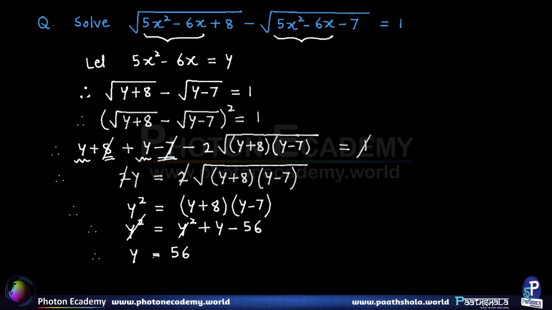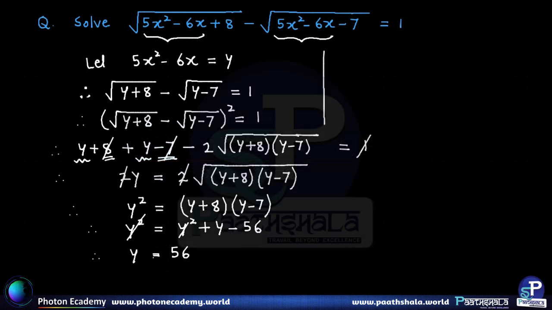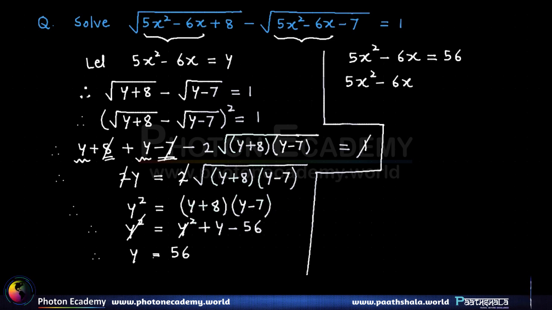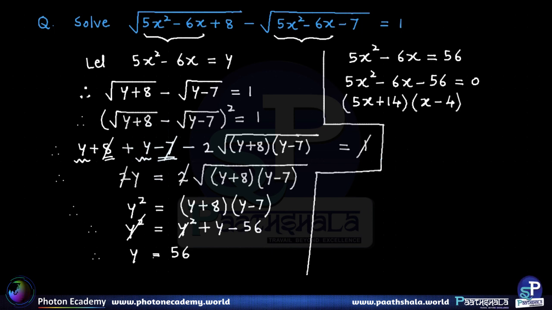Now y was originally 5x square minus 6x, so let us replace it with the original expression. We have 5x square minus 6x equal to 56, that is 5x square minus 6x minus 56 equal to 0. On factorizing this, we get the two factors as 5x plus 14 into x minus 4 equal to 0.